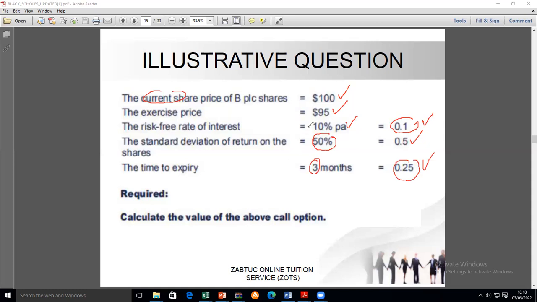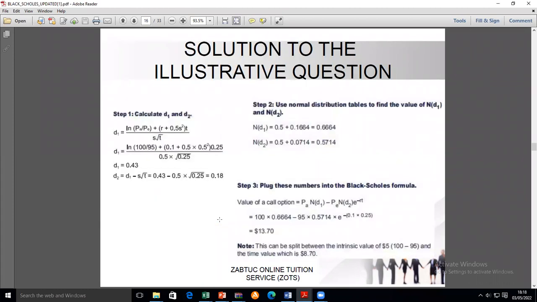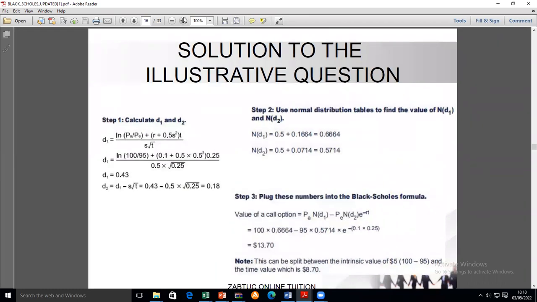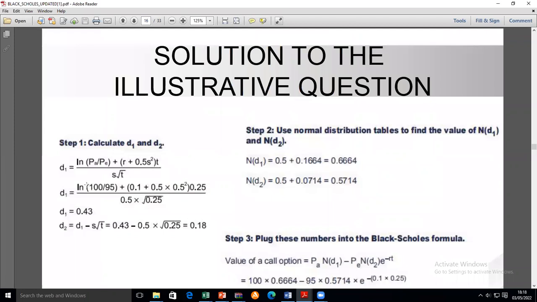So what do we do? We need D1 and D2 first. The formulas are here. Your D1 formula is here.